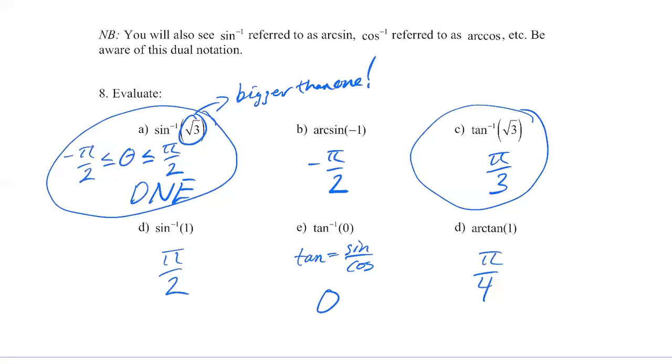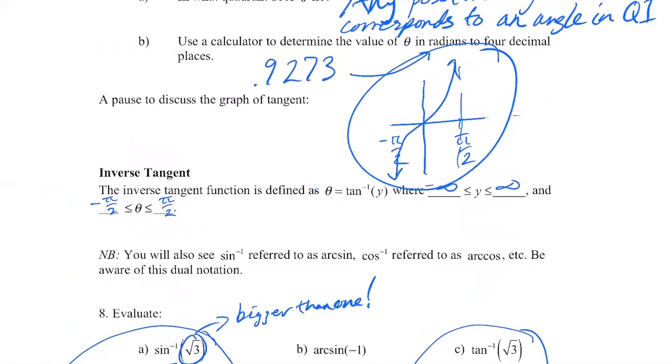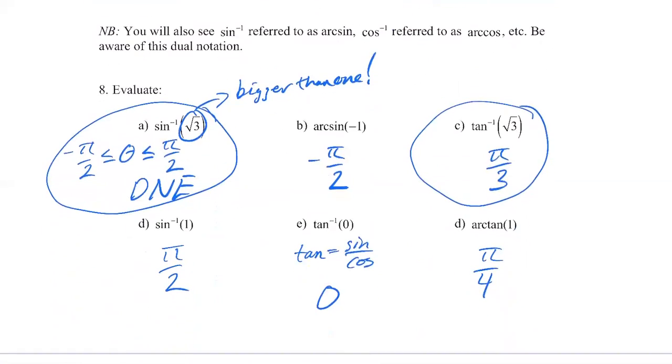It's defined from -infinity to +infinity, and that's because of the nature of the graph of the original tangent function. So be careful with inverse sine, inverse cosine. You can be a little more free with inverse tangent. Remember that for all of them, you have to work inside of the output restrictions.